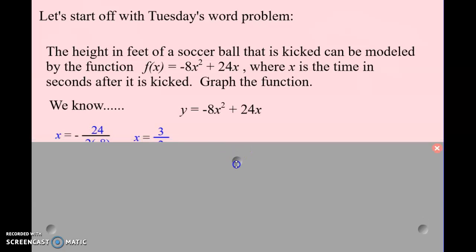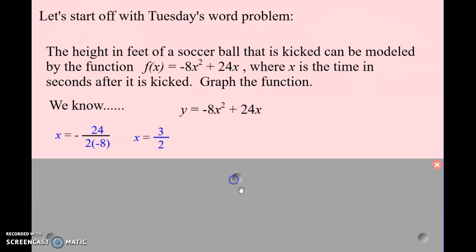First thing that we're going to do is find out what the vertex is by solving for x first. So we use the formula negative b over 2a, and when we do that, we ended up with x equaling 3/2. Now this is one of those cases where I tell you that fractions are your friends, and this is so much easier than changing it to a decimal of 1.5.